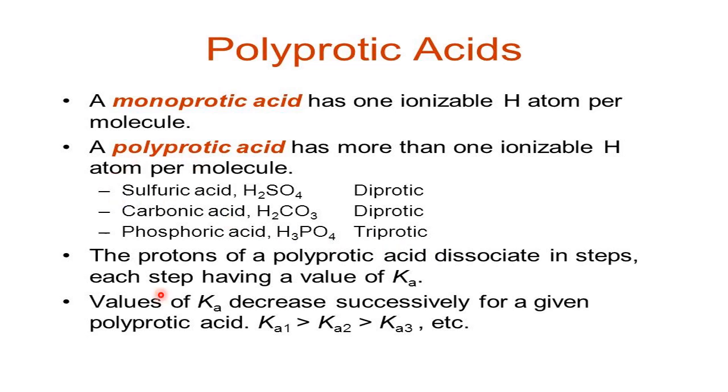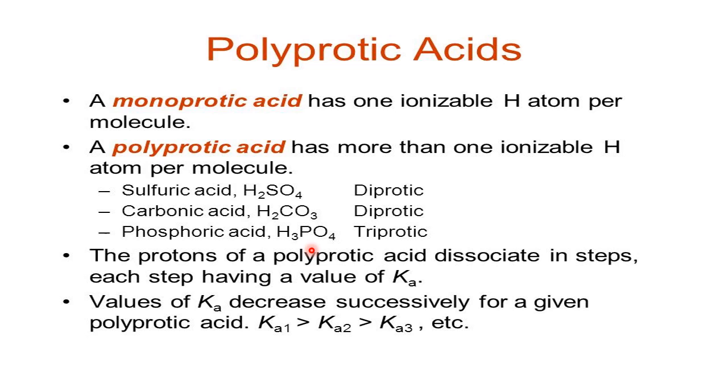Now, see here. One more point. For example, this is a tribasic acid or triprotic acid. Protic is the ability to give the proton, H plus. So when one H plus is given out, it becomes H2PO4 minus. That is called the Ka1 value. Now if it wants to give the second proton, it cannot give so easily.